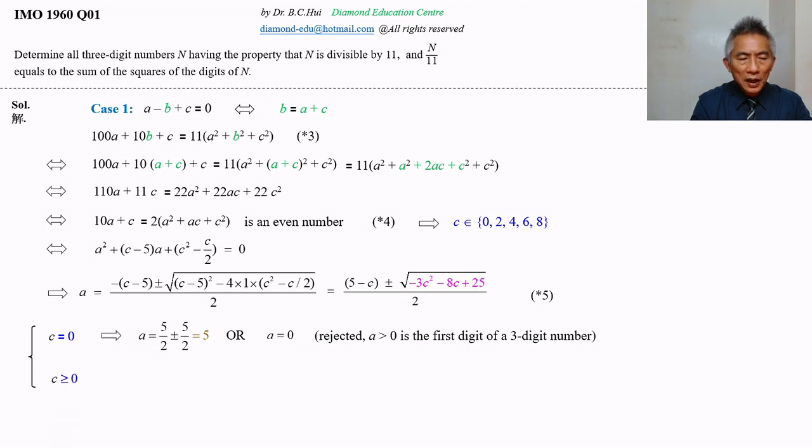Another possibility is that c is not 0, which is 2, 4, 6, or 8. In such a case, the discriminant, which is 25 minus 3c squared minus 8c, becomes less than minus 3, and it is negative. So it has no real root, and should also be rejected.